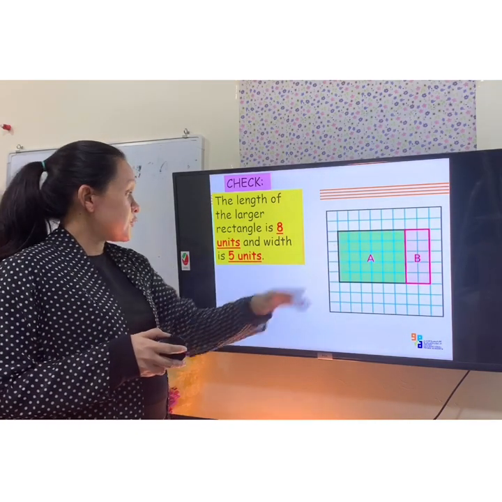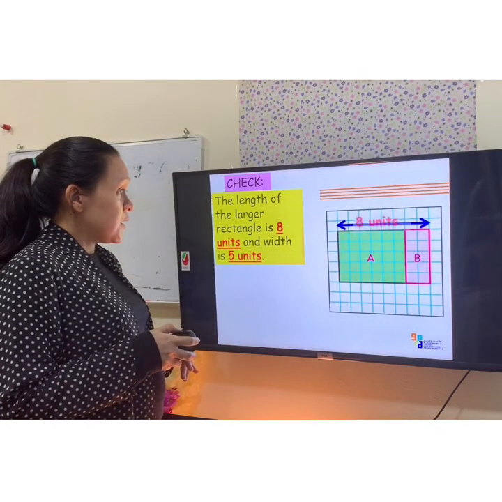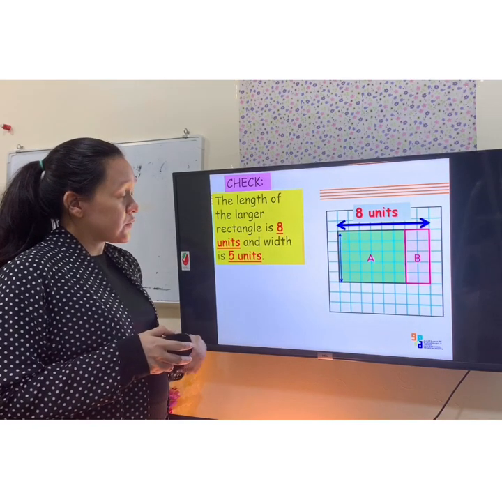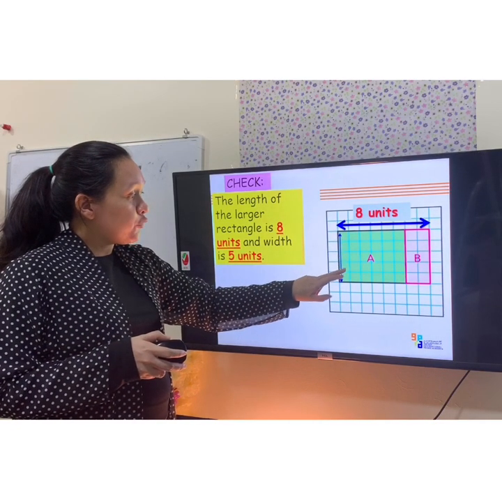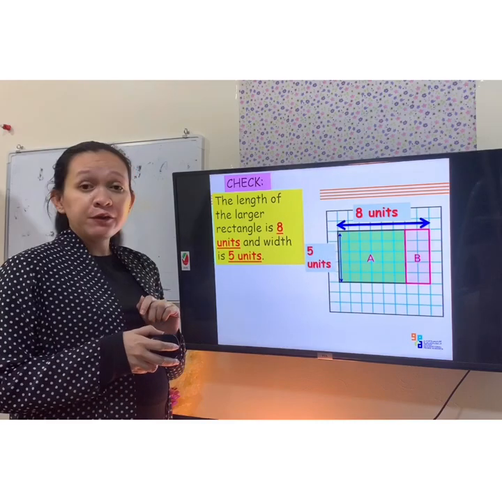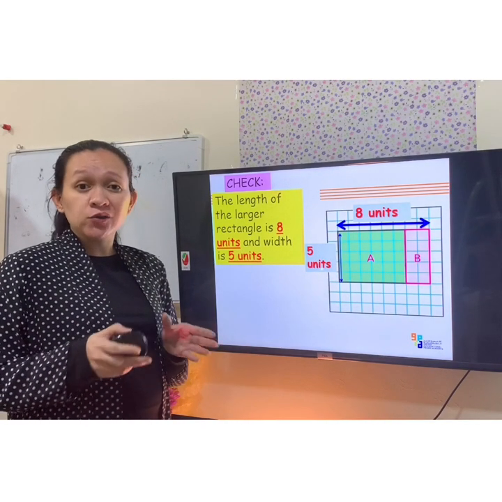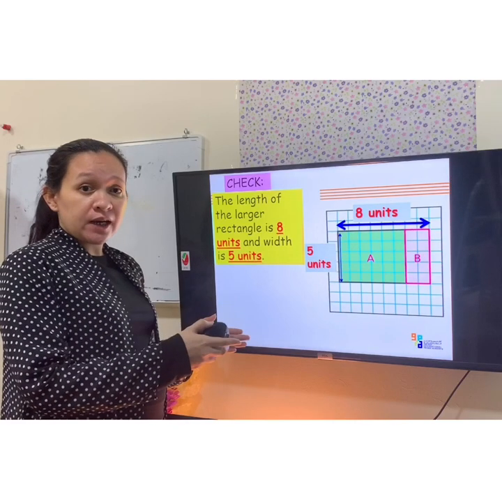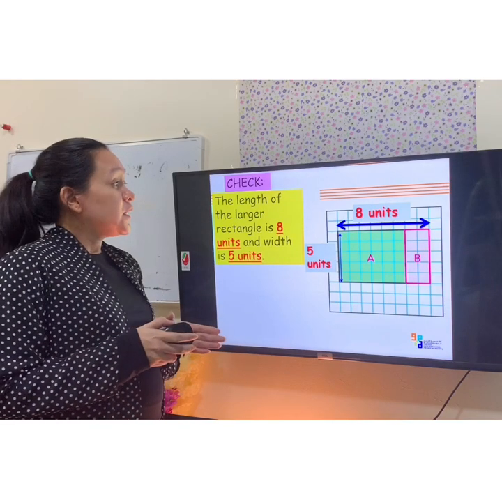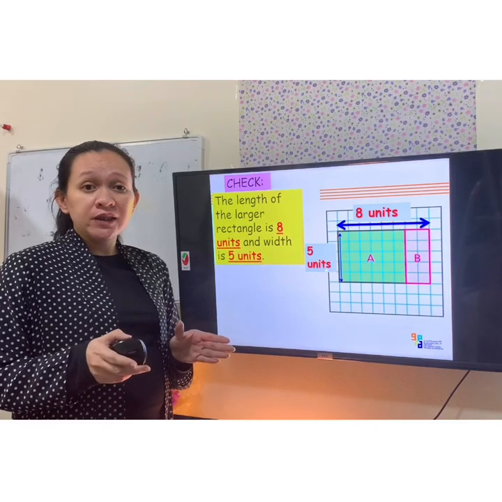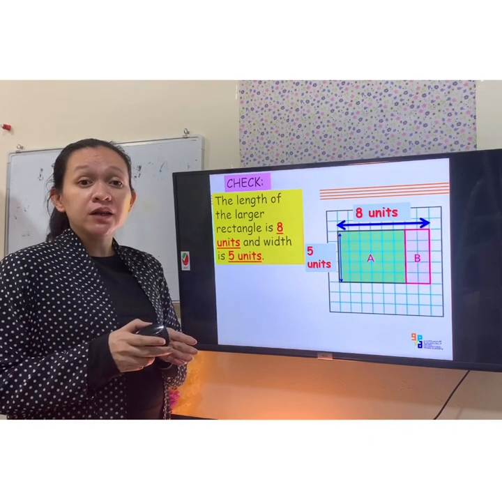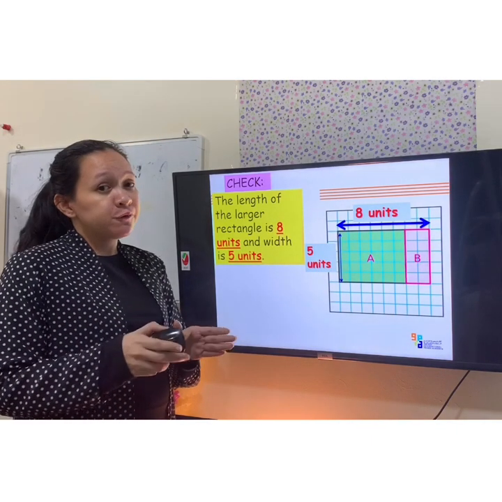In our width, if we count 1, 2, 3, 4, 5, we have 5 units. Now remember, our answer is 40 square units. We are going to check if that is correct. Remember, to get the area of the rectangle, we multiply the length and the width.